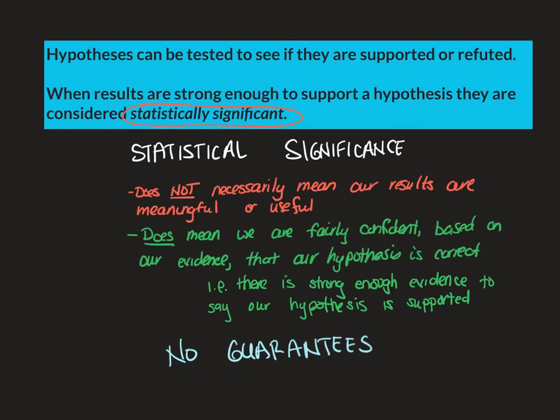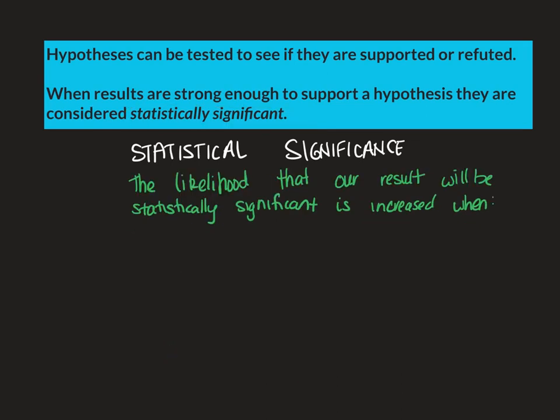Two key things are used to improve our likelihood of having a statistically significant result if in fact our hypothesis is true. If you have a large effect or a large result, you're more likely to be able to detect that your hypothesis is likely true. If you have a large sample size, this also increases your ability to find support for your hypothesis if your hypothesis is true.